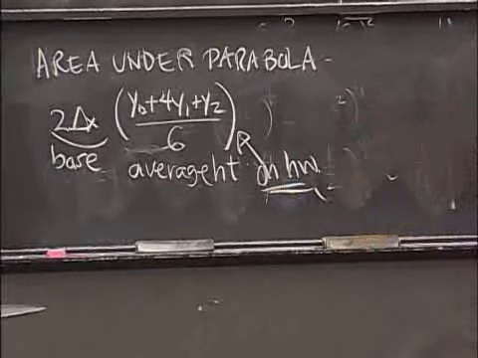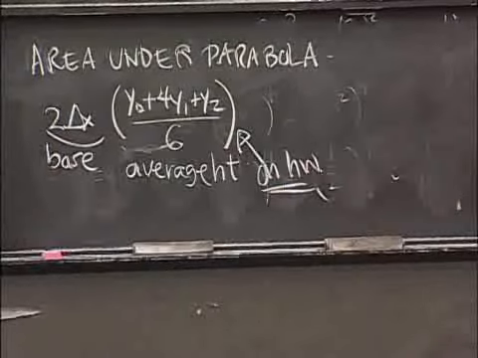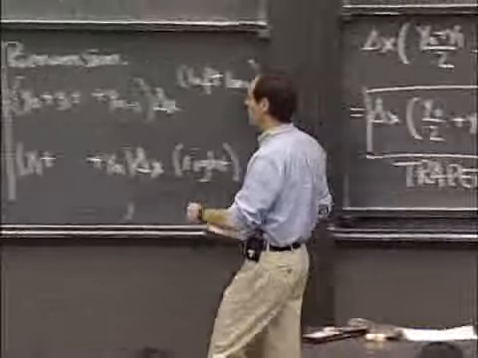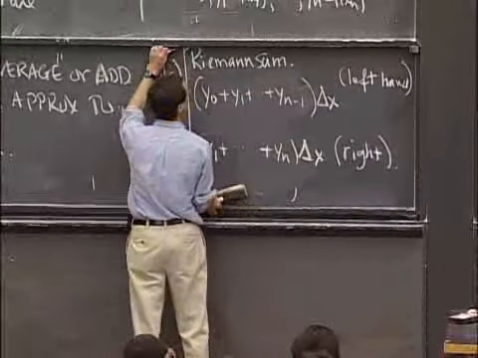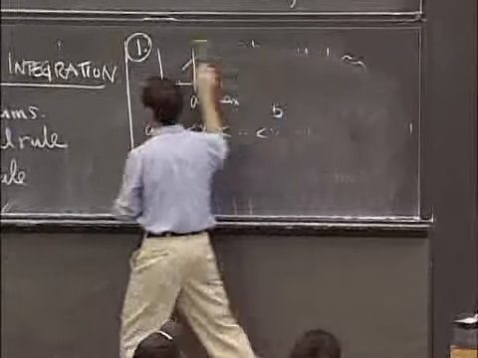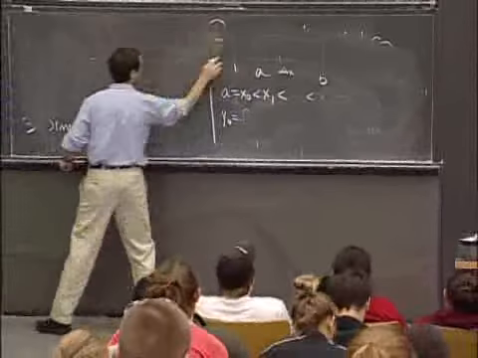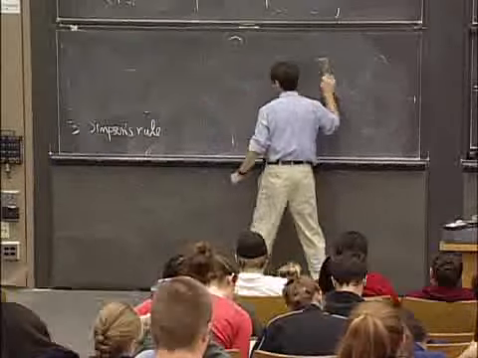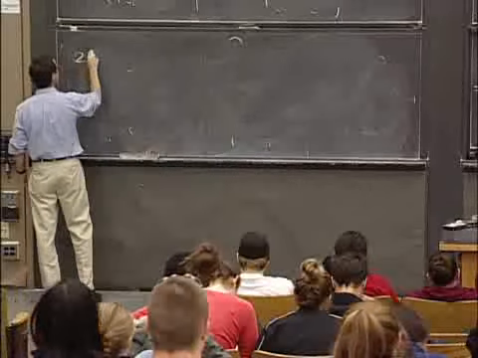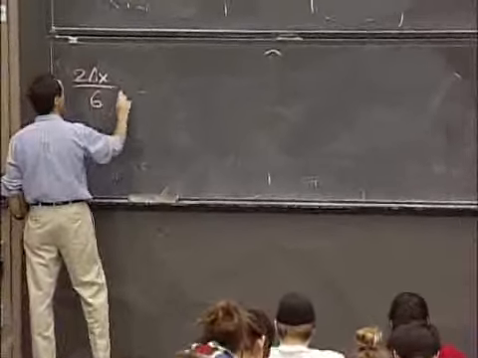And now we can put this together for the full Simpson's rule formula, which I'll put up over here. We have here 2 delta x, and we divide by 6.